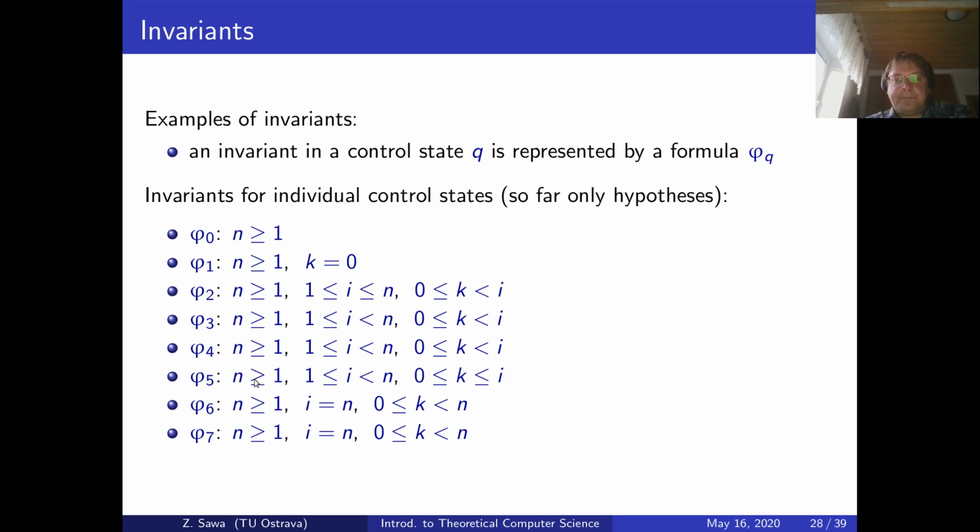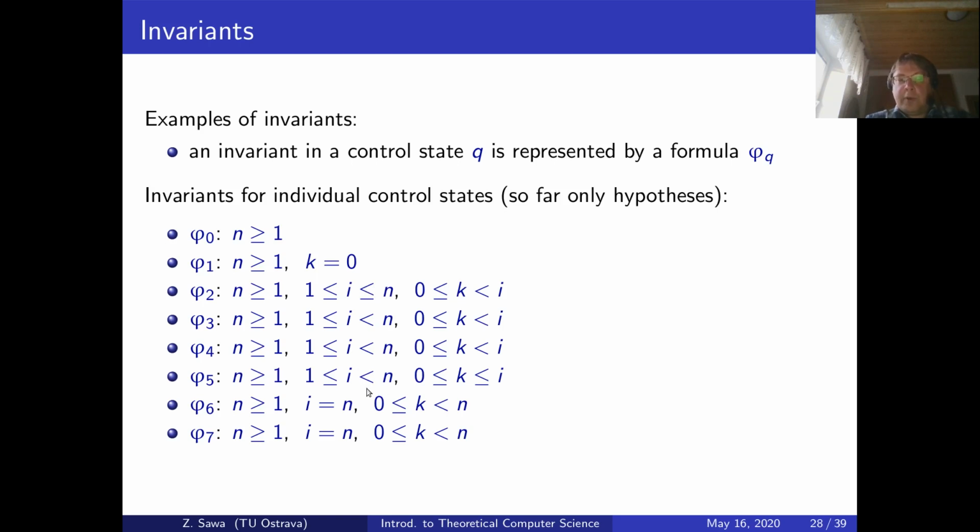If n was not changed, it remains greater or equal to 1. If I was greater or equal to 1, then I prime will also be greater or equal to 1, so this part will be true. If I is strictly less than n, then I prime, which is I plus 1, could be greater or equal to n.